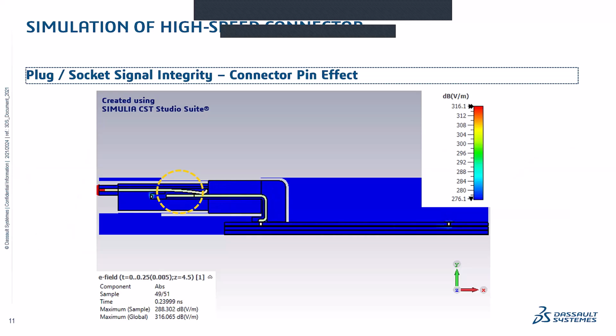And notice I've drawn a circle around an area of interest here, where the springs that are in the plug, as you push the connector in, slide over the pins of the socket. As you slide the springs over those pins, you're left with these stubs, which cause capacitive coupling between the springs and the pins, and that capacitive coupling is what is causing that swing in TDR impedance.